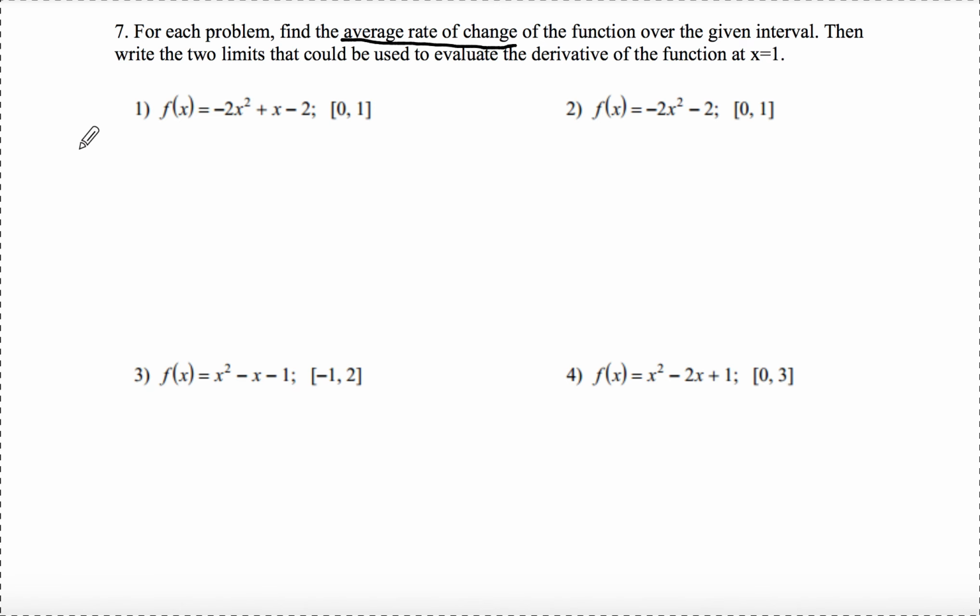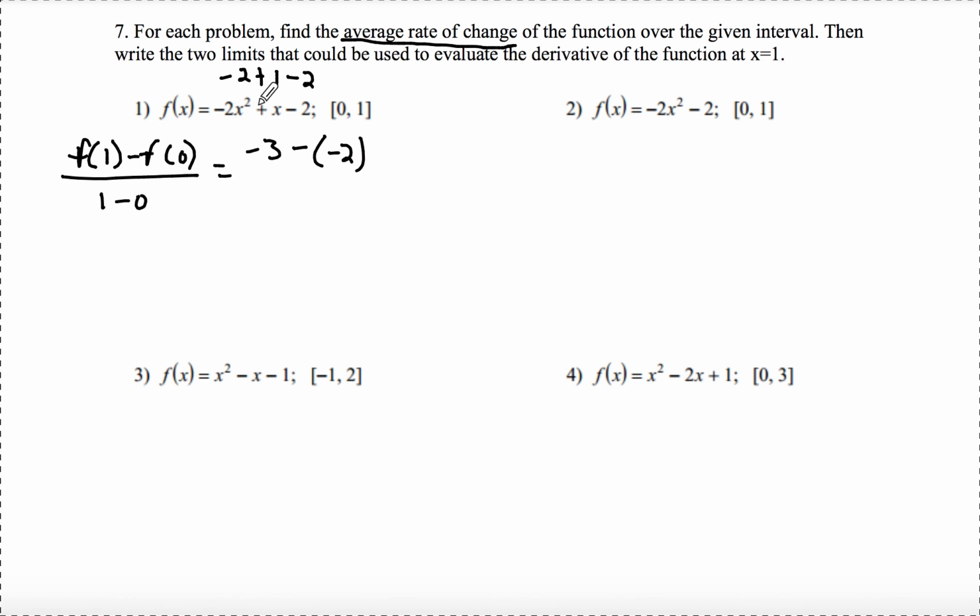So here for the average rate of change we'd have f of 1 minus f of 0 over 1 minus 0. F of 1, when I plug in, is going to give me negative 2 plus 1 minus 2, so that's going to give me negative 3. Minus, when I plug in f of 0, I'm going to get negative 2.